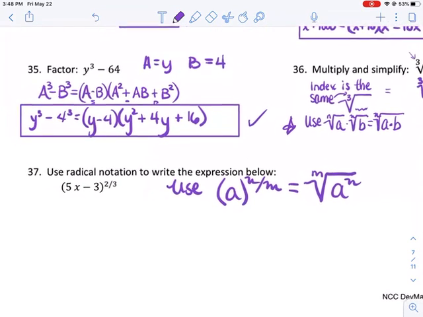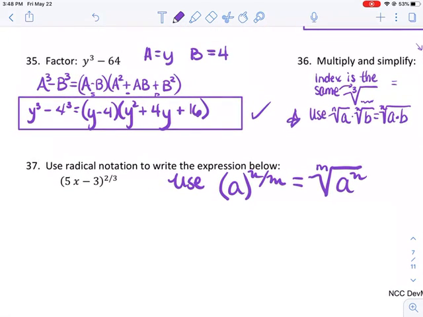So on the last problem here, 37, I've got the quantity 5x minus 3 to the 2/3 power. And all we're asked to do is to use radical notation to write the expression. So here's the rule, where if you look at the index is m.